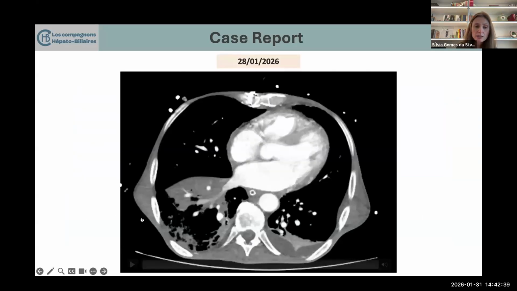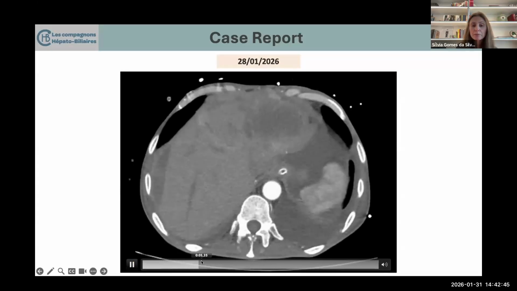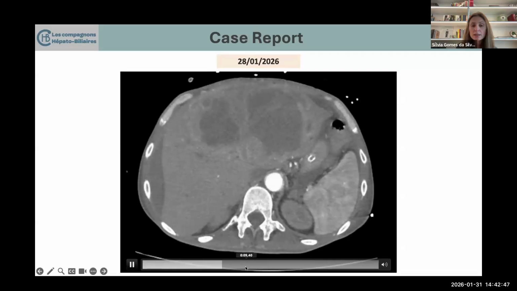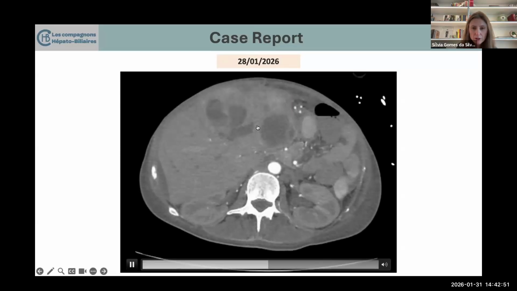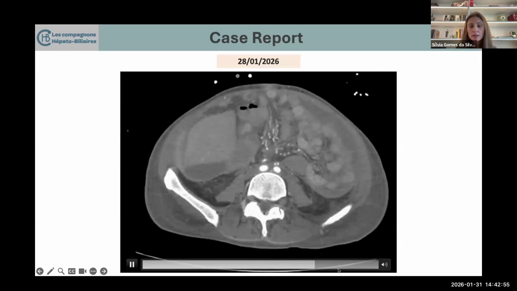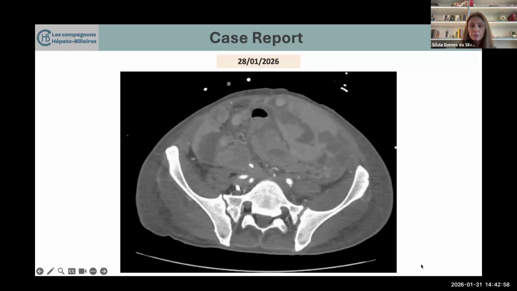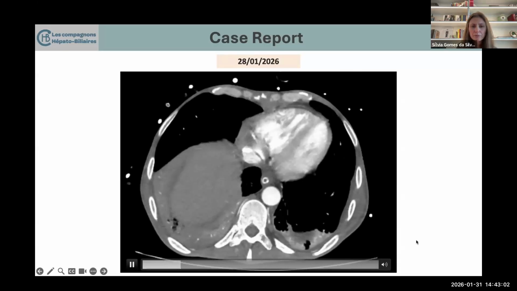So this is the CT scan from last week. We can see here the arterial phase. We can see we have some vascularization, but much less than before. Another one.